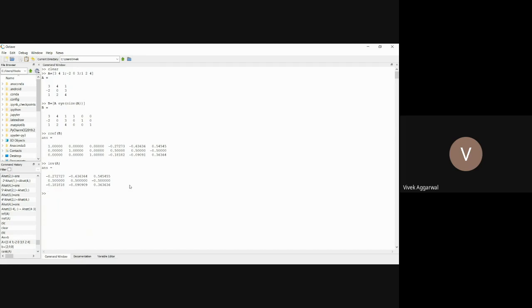in the coming lecture. So I hope that in this way we are able to understand how we can take the help of Octave or MATLAB to reduce the given matrix into the echelon form or the row reduced echelon form.